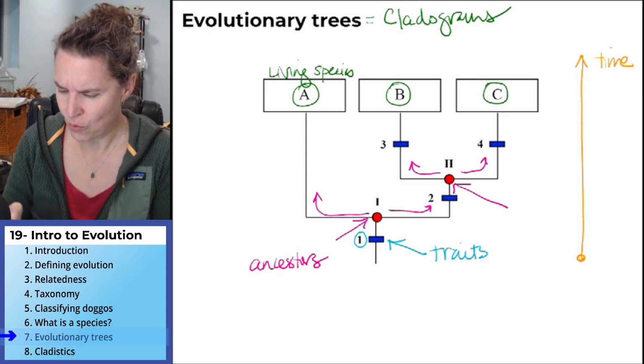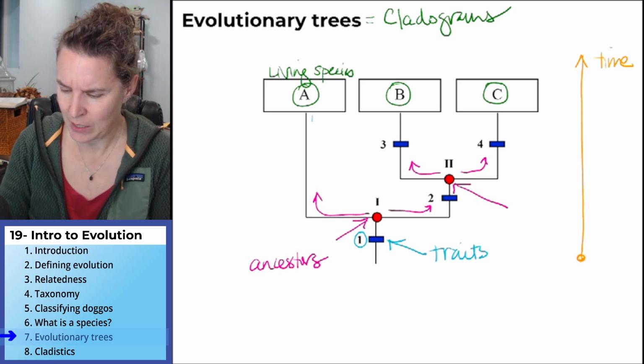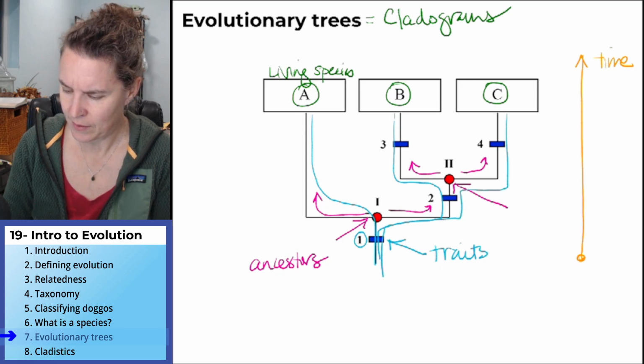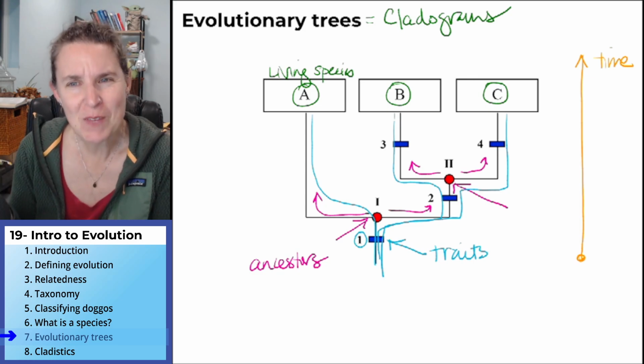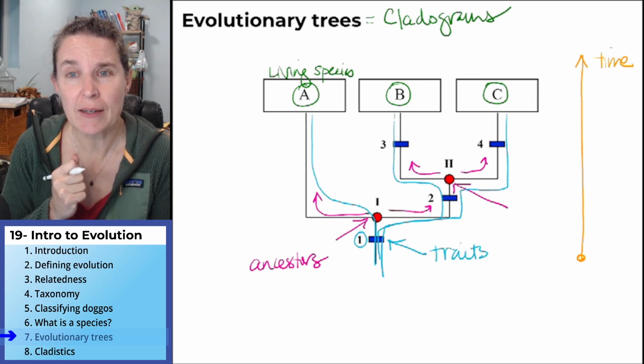Because look, you can draw a line from everybody back to that trait. Every single one comes back through that trait. So they all have that trait.